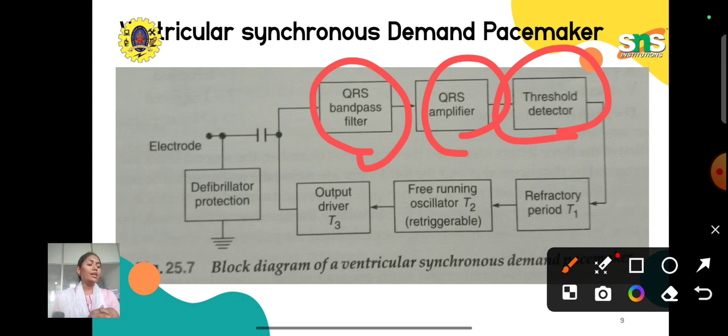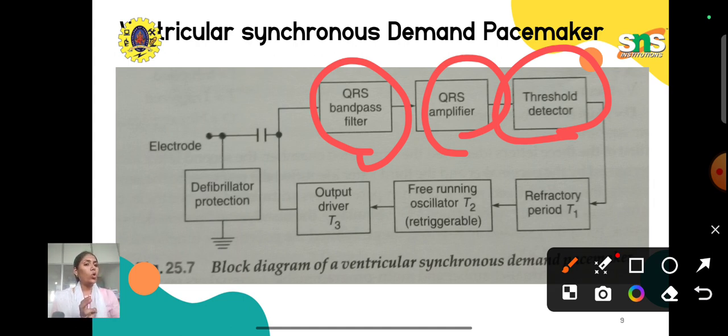Then we go to the refractory period. The reason for this refractory period we already discussed. If the QRS complex is there, the pacemaker is in the on stage anyway, but it has to give the impulse in the refractory period, so that it will not disturb the overall function of the heart.